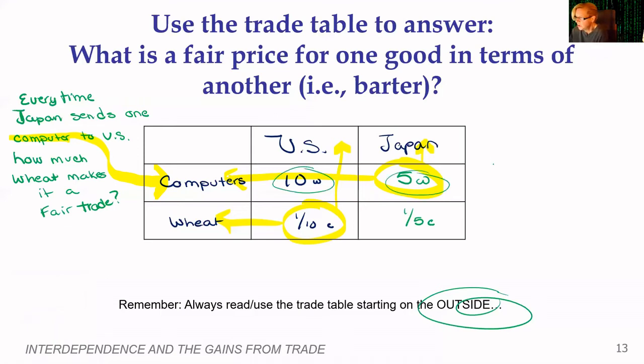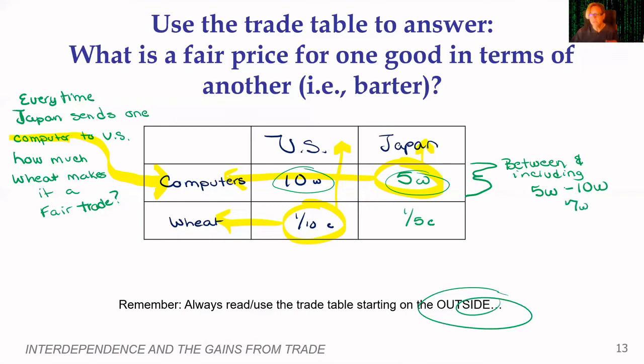Okay. So a fair price for one computer would be between and including 5 tons of wheat to 10 tons of wheat, with the fairest of them all being 7 wheat, right smack dab in the middle.